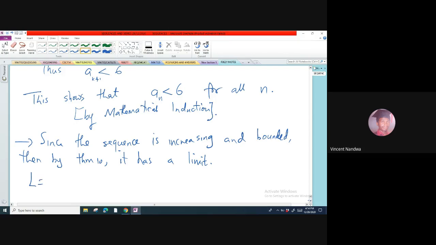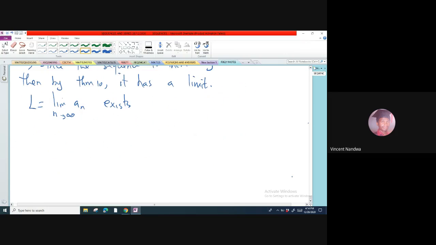So the limit as n approaches infinity of an exists. We have to calculate it now.